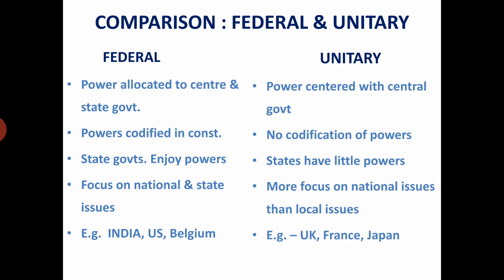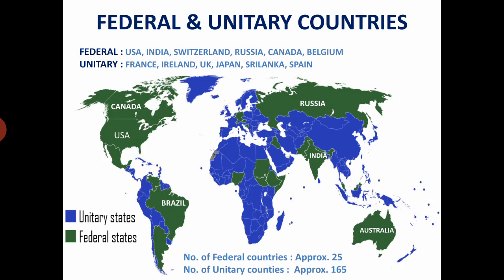In a federal system, all states get representation in the central government, which ensures that the government focuses on both national and local issues, which is not so in a unitary system. Globally, we find both federal and unitary systems. For example, US, India, Switzerland, Canada, Belgium have federal system, whereas France, UK, Japan, Sri Lanka have unitary system.